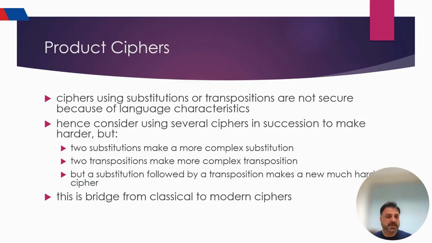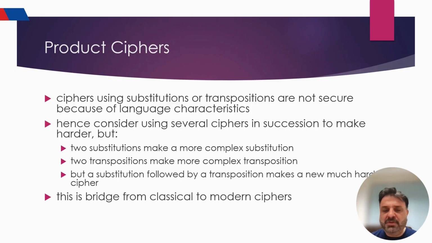Another one we can use is the product cipher. Ciphers using only substitution or transposition are not secure because we can check them with language characteristics and simply break them. So we can use several ciphers in succession to make it harder. Two substitutions make a more complex substitution, or two transpositions make a more complex transposition.